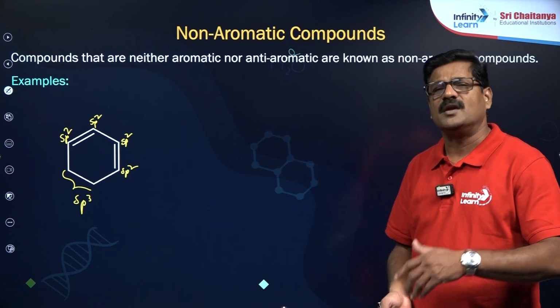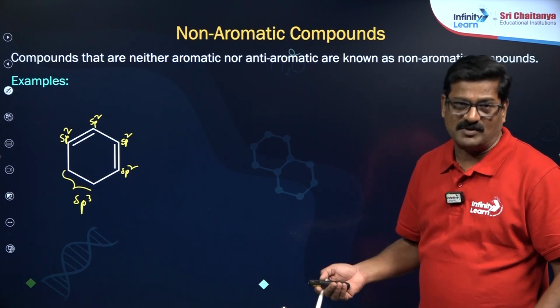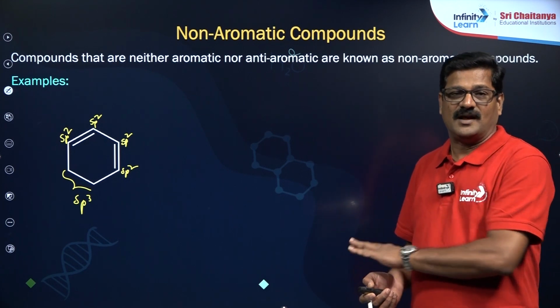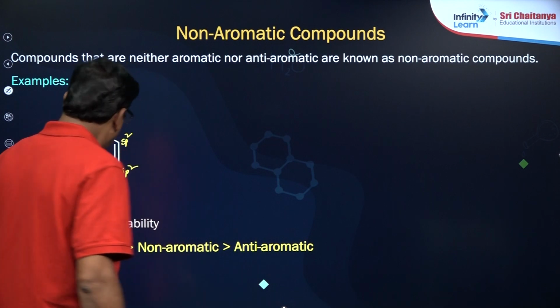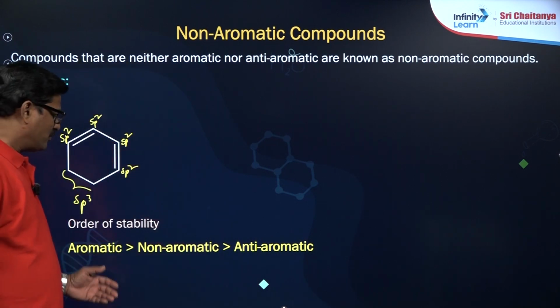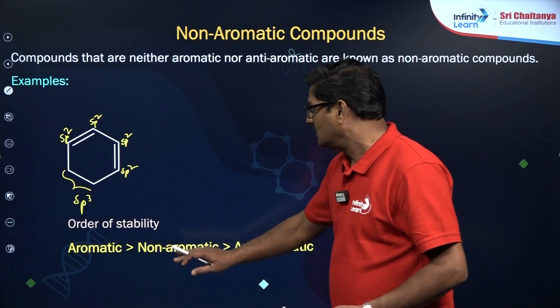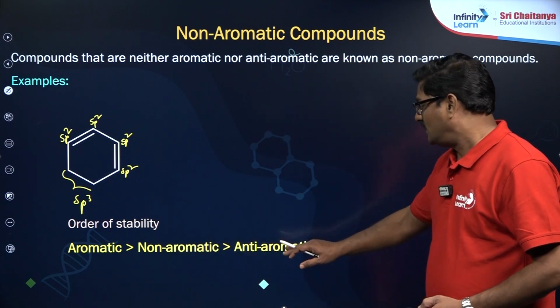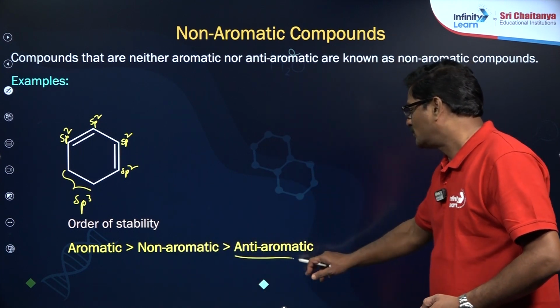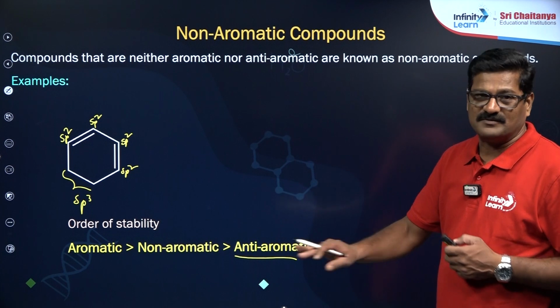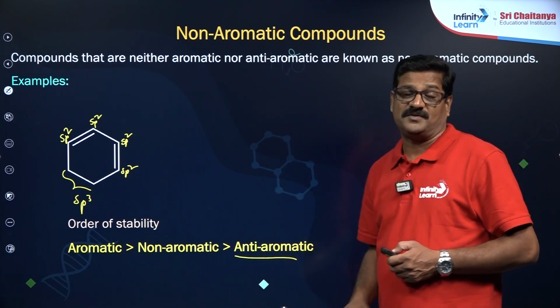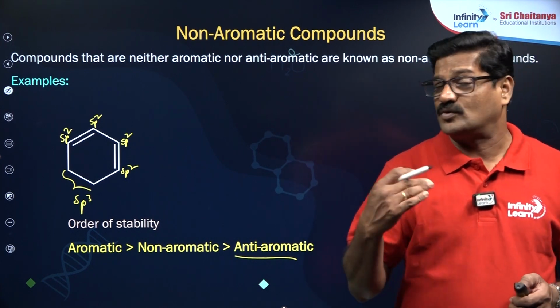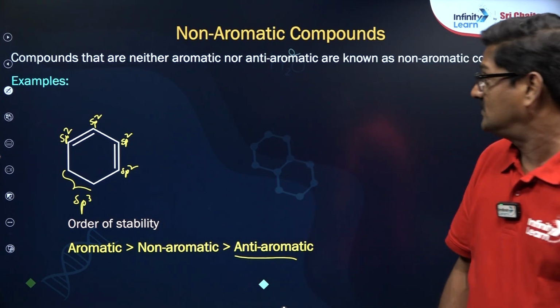Non-aromatic compounds may or may not be stable. Of course they exist. If you check the order of stability, aromatic compounds are super stable compared to non-aromatic compounds, and anti-aromatic compounds are usually never stable. And during a chemical reaction, if an anti-aromatic compound is about to form, it never exists.